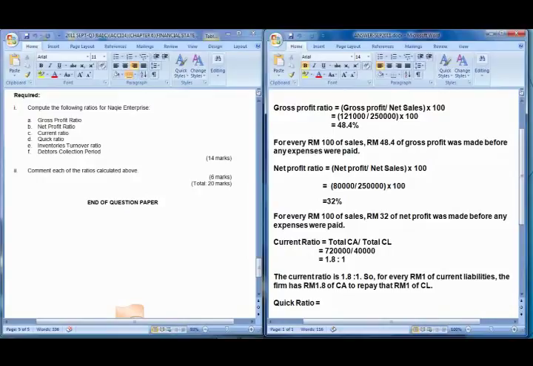The formula for the quick ratio is current asset, I just use CA as the current asset, minus closing inventory, minus prepayment if any, divided by total current liability.